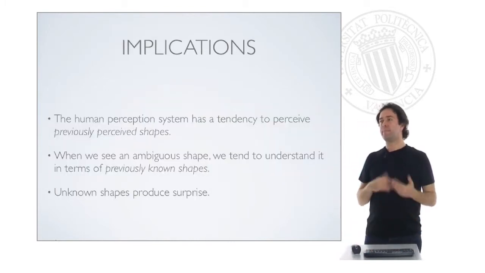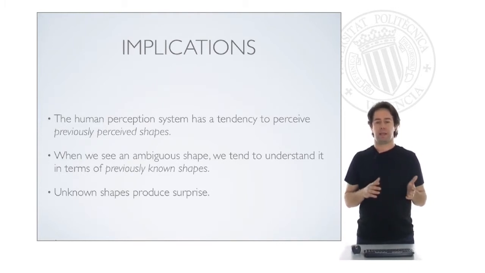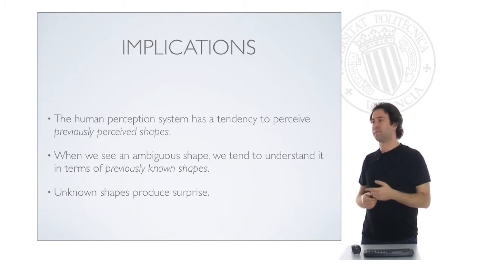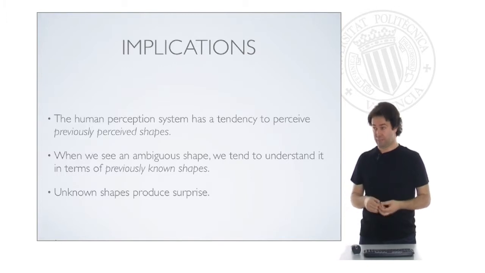So the implications. We're going to see now some little examples of how this can help us understand web design better. First, the human perception system has a tendency to perceive previously perceived shapes.